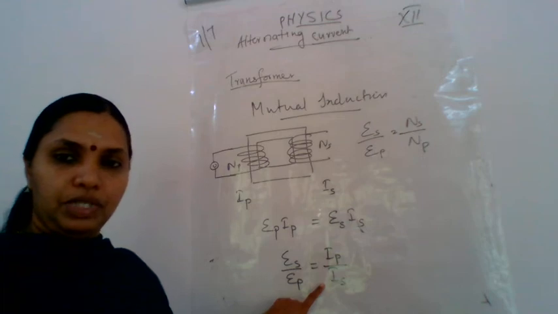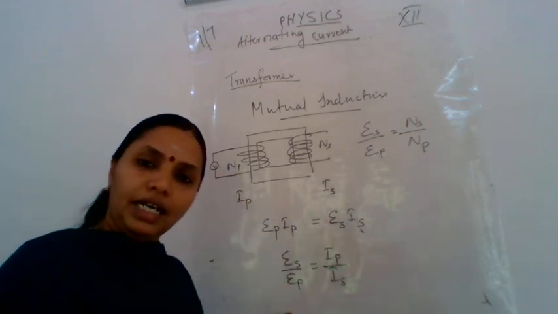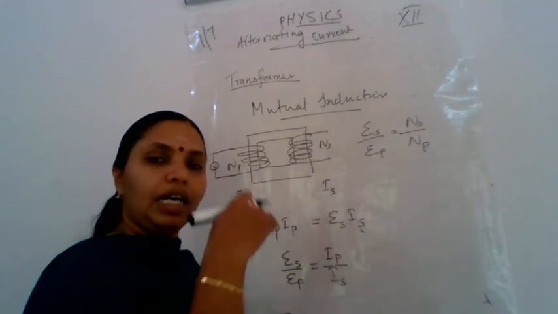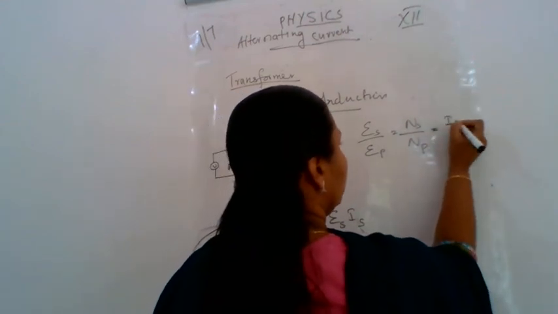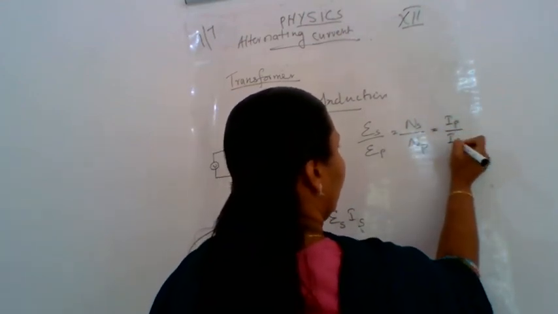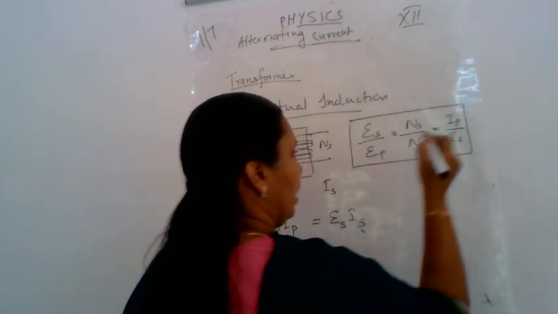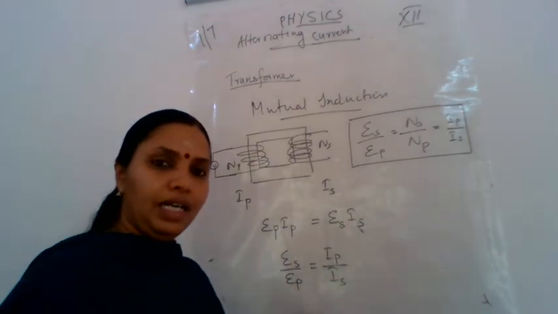It is just opposite. Isn't it? So as the voltage increases, current decreases. When voltage decreases, current increases. So ES divided by EP is equal to NS divided by NP is equal to IP by IS.